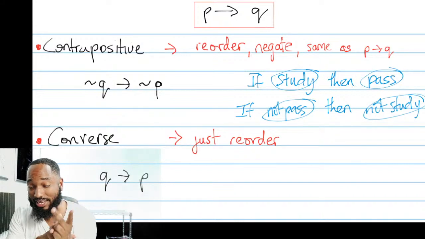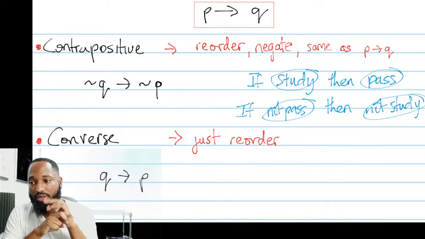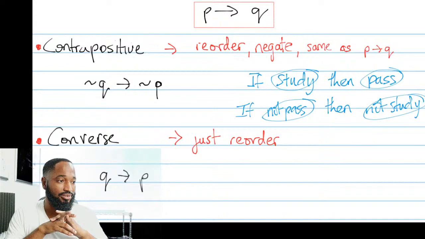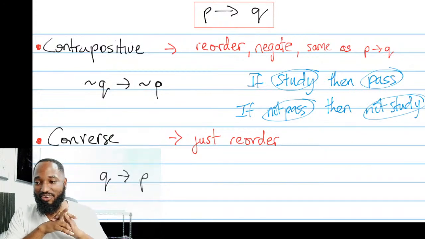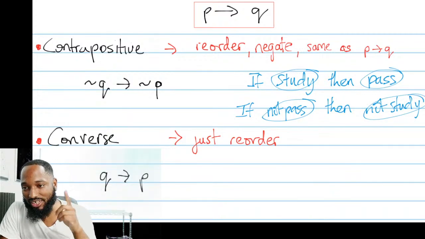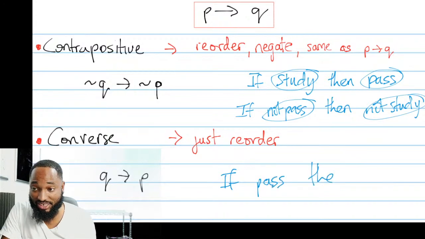Good? You can come back to this video, memorize that, write this down. Converse, just reorder. So converse: if study then pass becomes, if you pass, then it means that you did study.